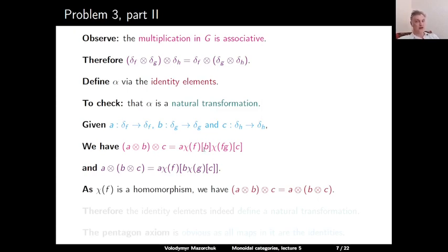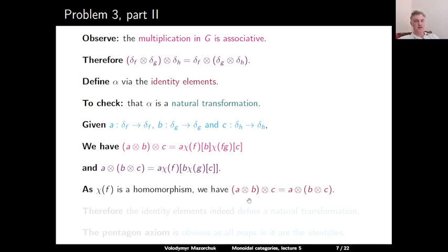And so chi of F applied to B times something will be chi of F of B, this thing, times chi of F applied to chi of G of C. And chi of F of chi of G is equal to chi of Fg, because chi is a group homomorphism.